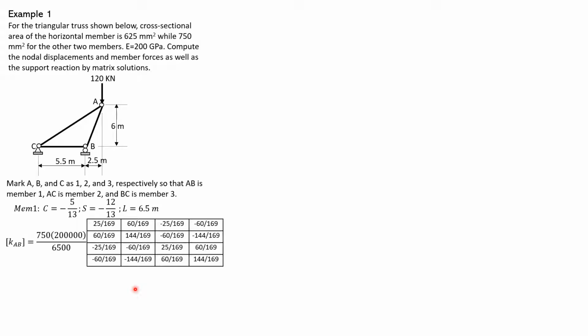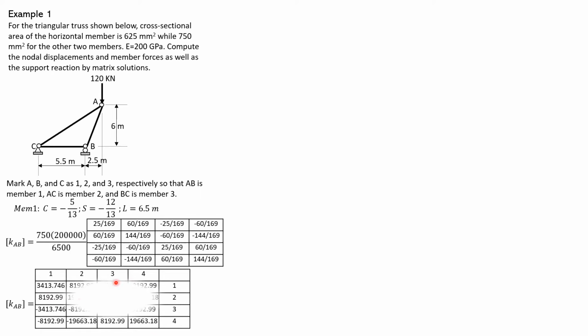Simplifying, involving 750 and 200,000, the stiffness is in newton per mm. So K of member 1 is equal to these values here. I mark columns 1, 2, 3, 4, then rows 1, 2, 3, 4, so that when we assemble the structural stiffness matrix later, we won't be confused.